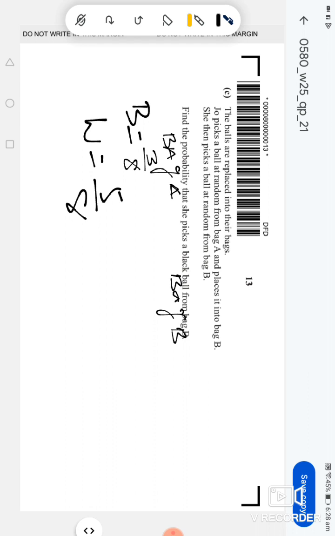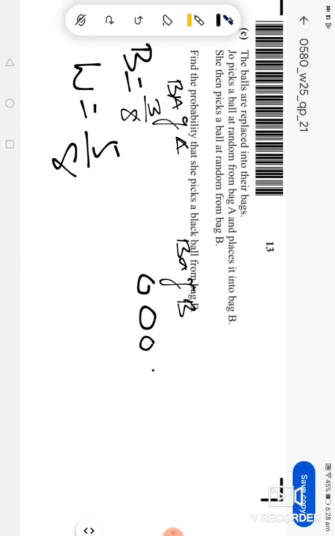And bag B having 1, 2, 3, 4, 5 balls. So this one. And this is 1, 2, 3, 4. This is black.